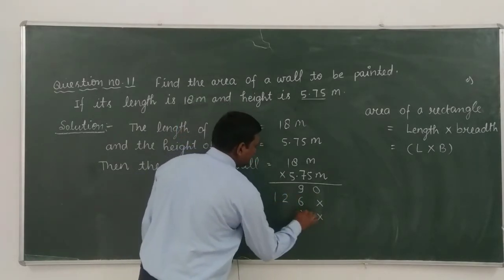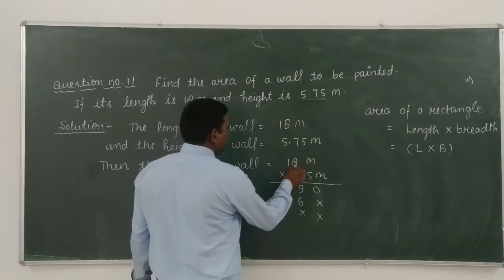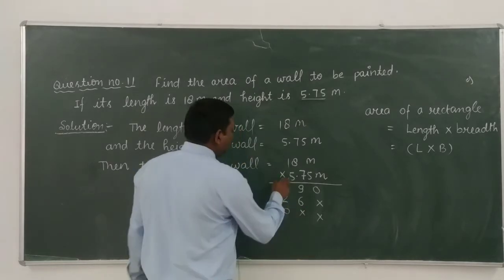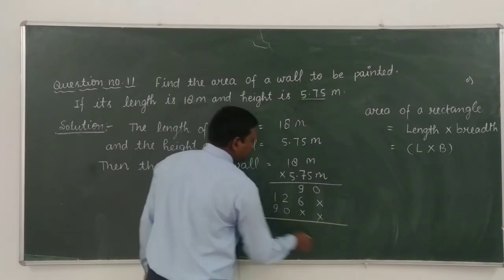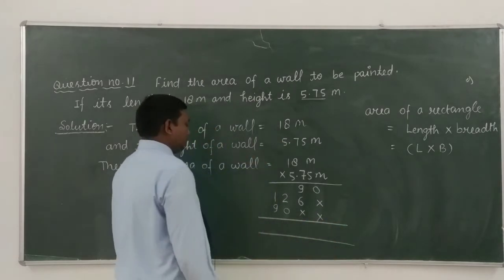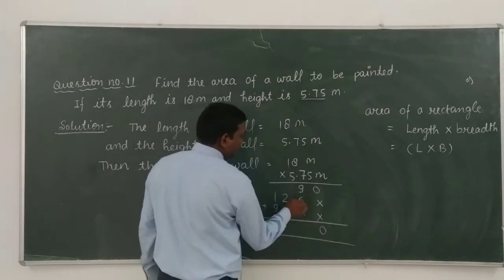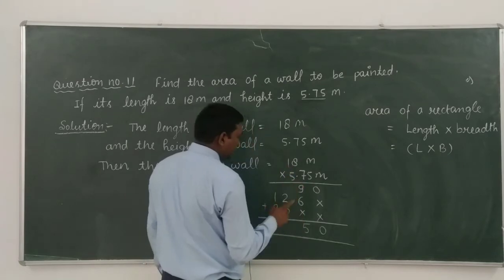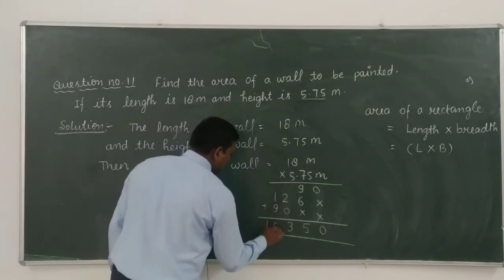Okay, again we multiply by 5. 5 8s are 40, write 0, carry 4, 5 1s are 5 plus 4 is 9. Okay, after adding this we get here 0, 9 plus 6 is 15, write 5, carry 1, 2 plus 1 is 3, and 9 plus 1 is 10.